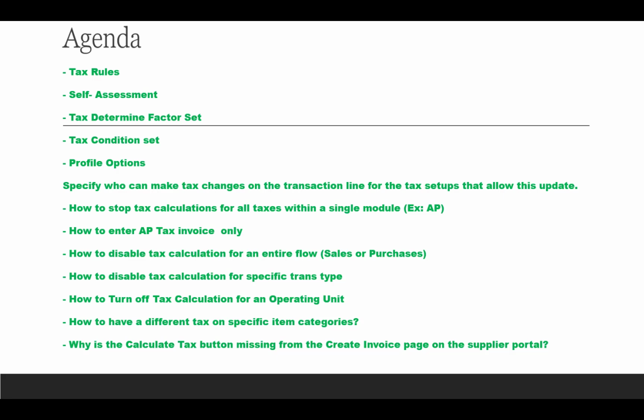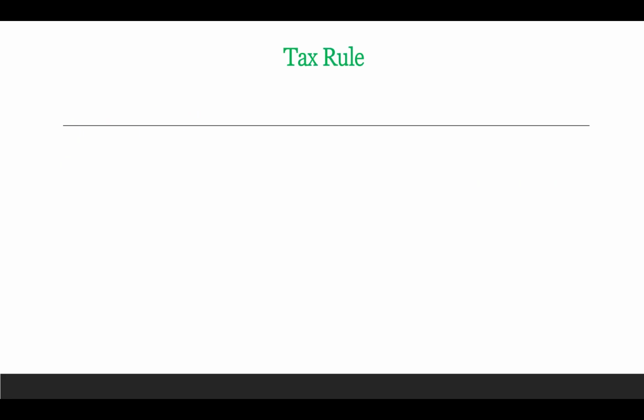We will also talk about how to stop tax for a specific transaction type or specific modules, how to disable it, how to enable it, how to turn it off, registration types of suppliers, and self-assessment. All of these things we will talk about. First of all, we will talk about tax rules.